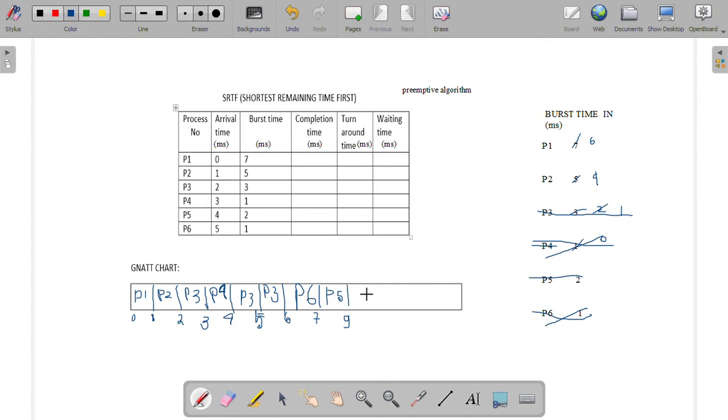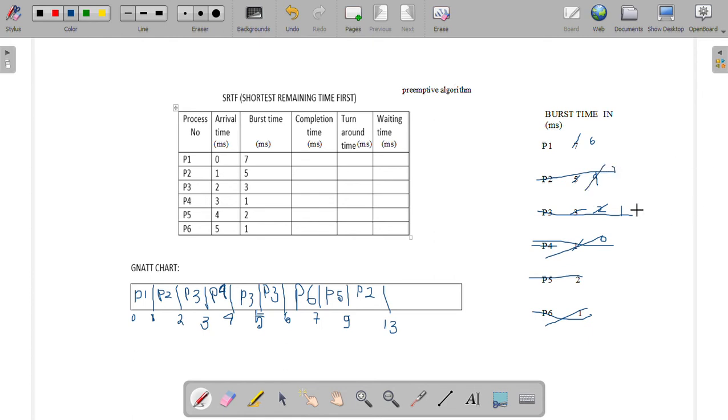So process P2 will be scheduled for 9 to 13 millisecond. So P2 has done.